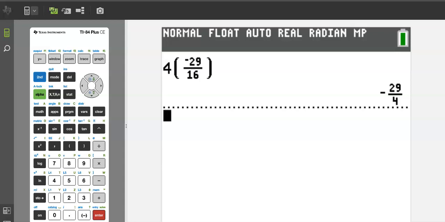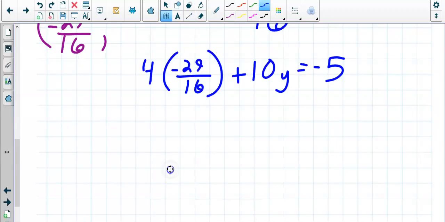Okay. Did you hit alpha y equals? Those are fractions. So when you hit enter, you can put that negative 29 over 16. Okay, so jumping back, we now know that it was negative 29 over 4.